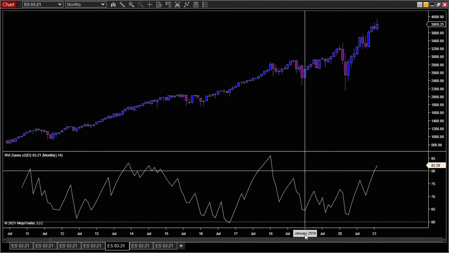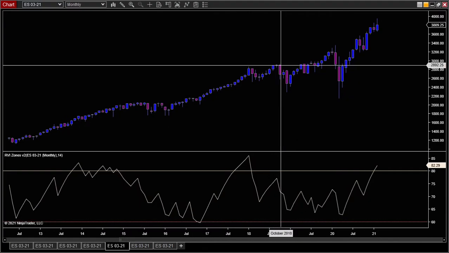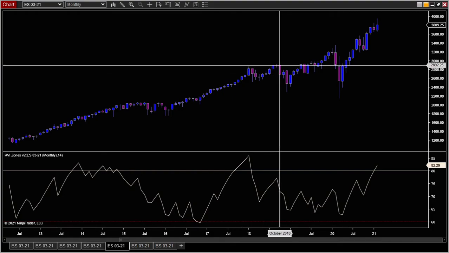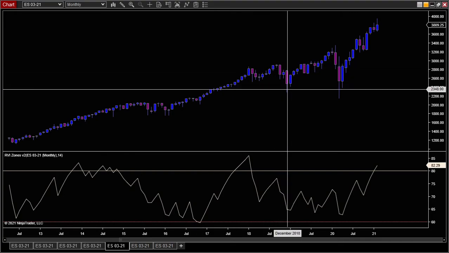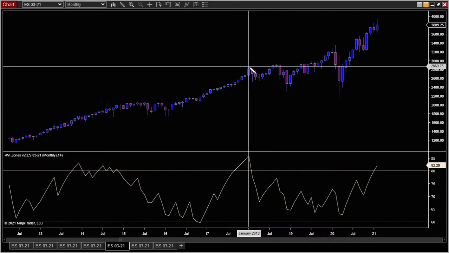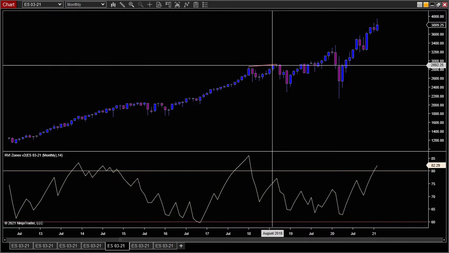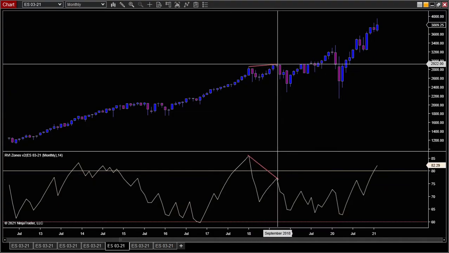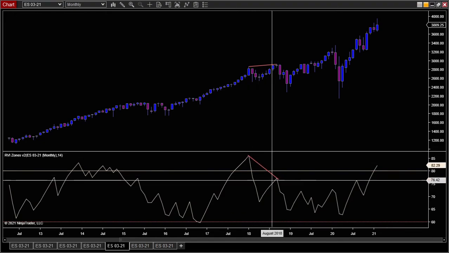And so if we look back to the sell-offs I was talking about, you can see October of 2018. Now it's easier for me to pull up these dates because it's right there. We had the big sell-off here, but we have this indication coming into August and September of 2018 that there's exhaustion in the market because of the RVI pattern that we were getting.